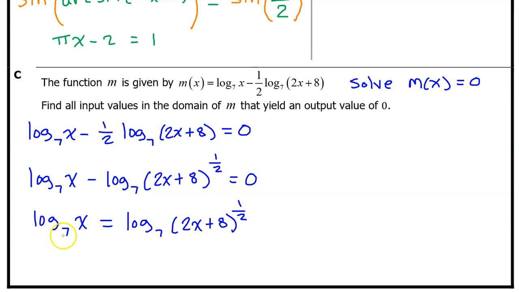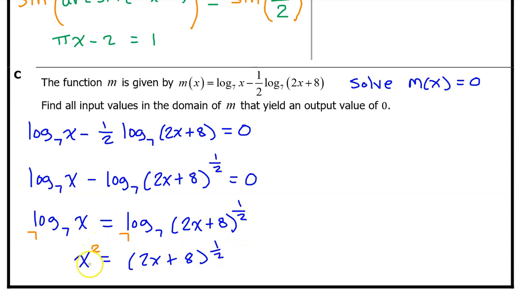We can cancel out the log base 7 by dropping a base 7 on both sides of the equation. Both log base 7's cancel out, so we are left with x is equal to 2x plus 8 to the 1/2 power.